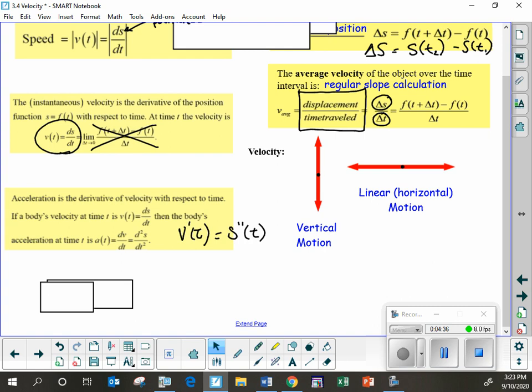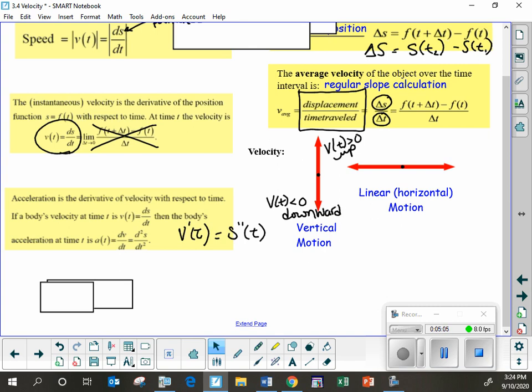Vertical motion. For velocity of a vertical motion, positive velocity is upward motion. How do I want to write this? V of t greater than 0 means that it's going up. V of t less than 0 means the particle is going downward.